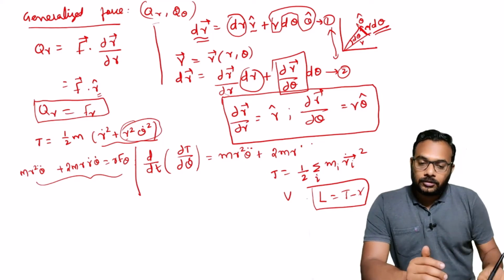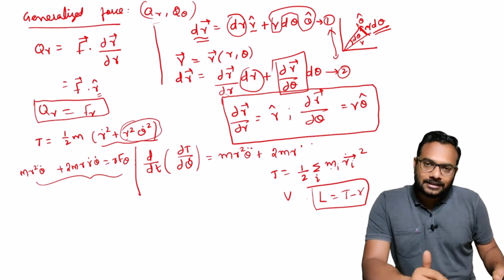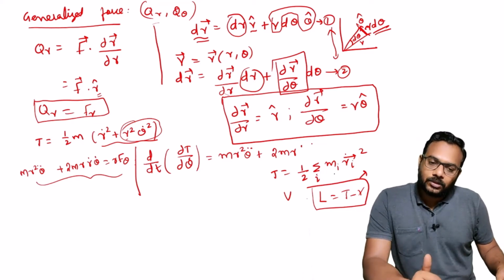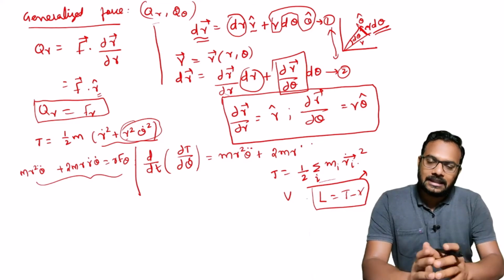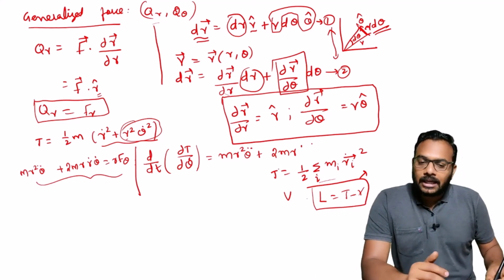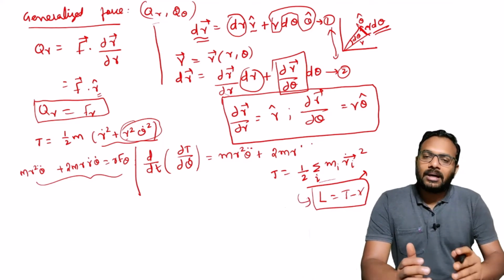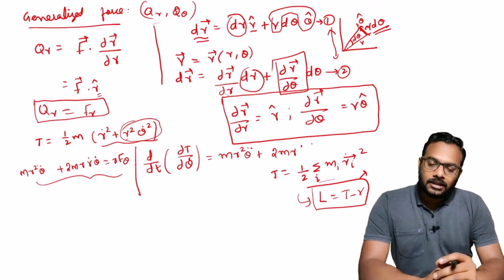Once you finalize the generalized coordinates, you write the kinetic energy in terms of the generalized coordinates. You write the potential energy in terms of the generalized coordinates. Construct the Lagrangian, and then just mindlessly apply the equations.